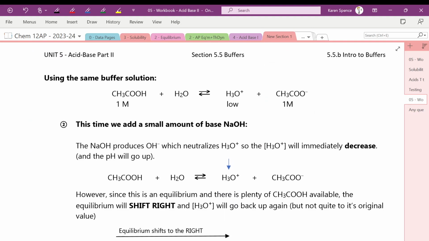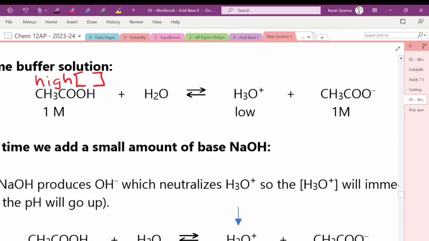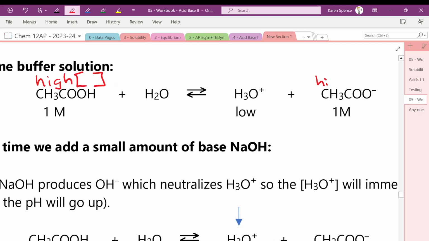Now we're going to use the same buffer solution. We have a high concentration of the CH3COOH. We have a high concentration of the conjugate base form, and we add a small amount of NaOH.